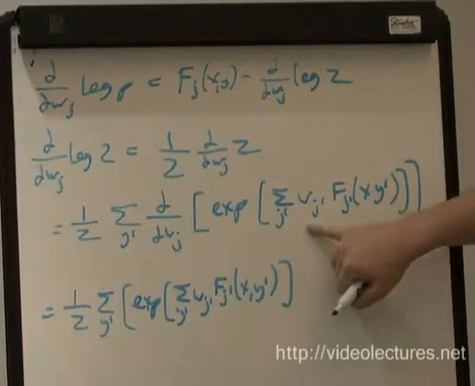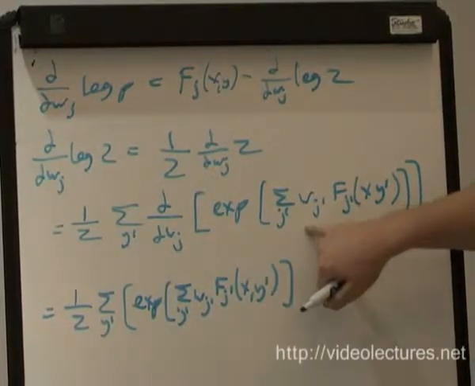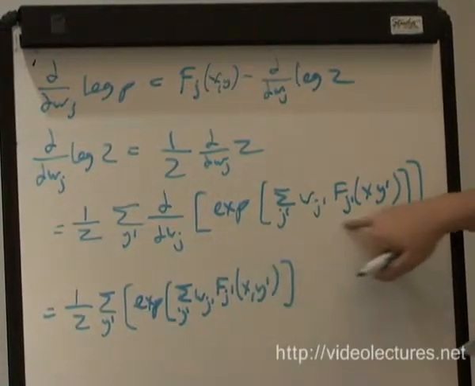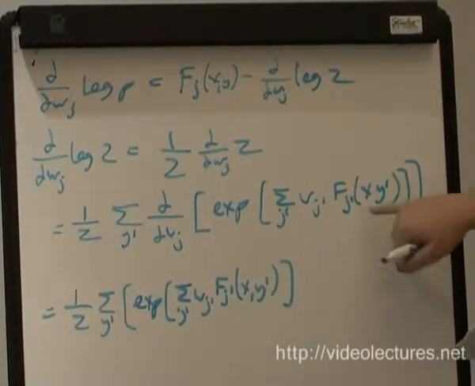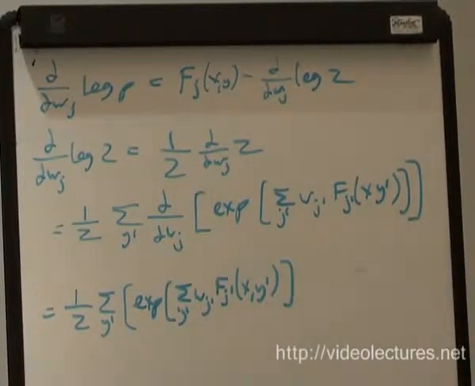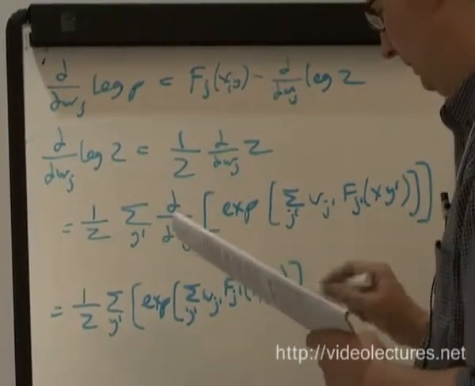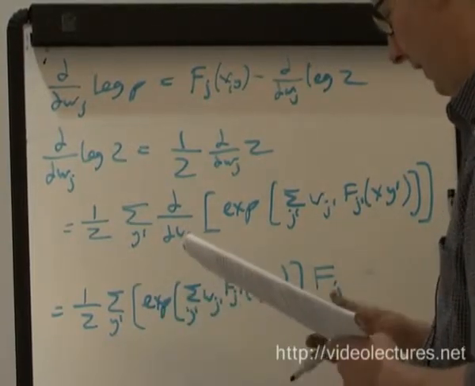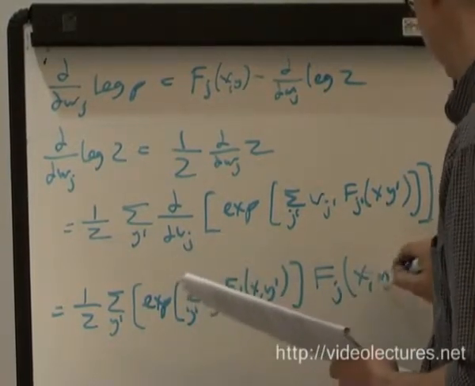So the derivative with respect to wj of this sum is going to be fj prime, because for the derivative, we just pick out whichever j we're talking about, times fj of x and y prime.